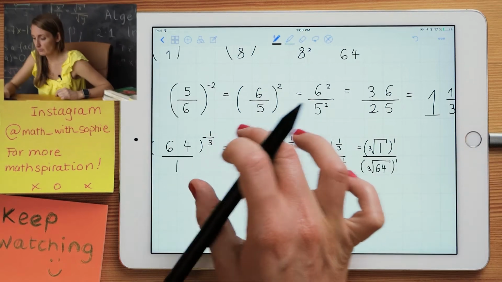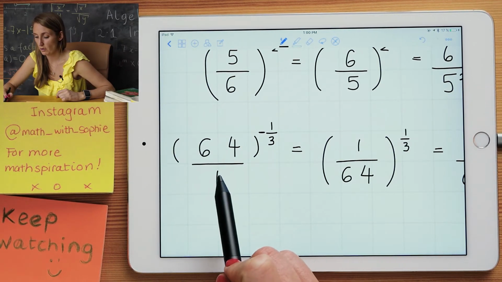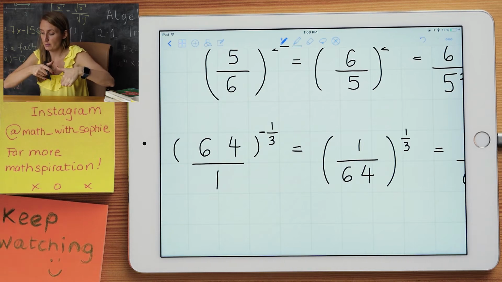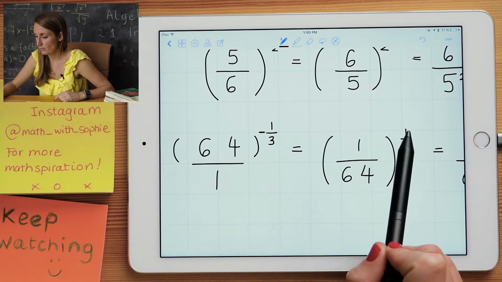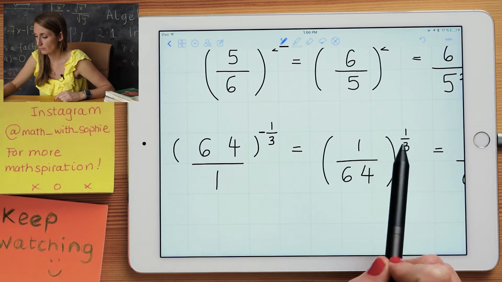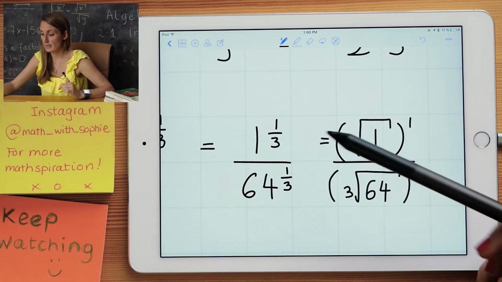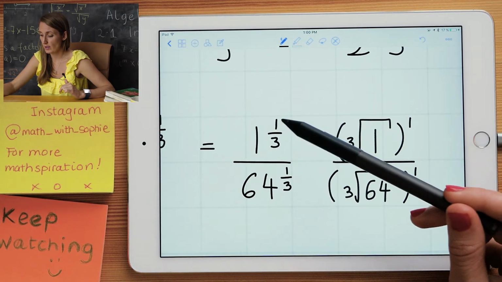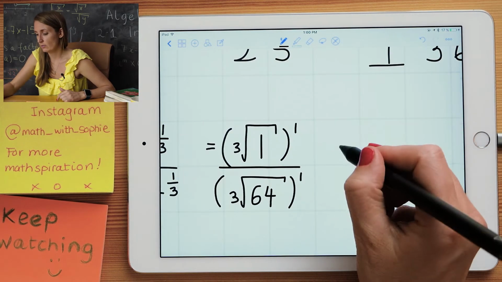Quick recap. First of all, we deal with the minus by changing 64 to 64 over 1 and flipping it upside down. Then that gets rid of the minus. Now we need to put the 1 over 3 power onto both the top and the bottom. We remember from what we've already learned that the bottom number is the root and the top number is the power. And now you are ready to go.